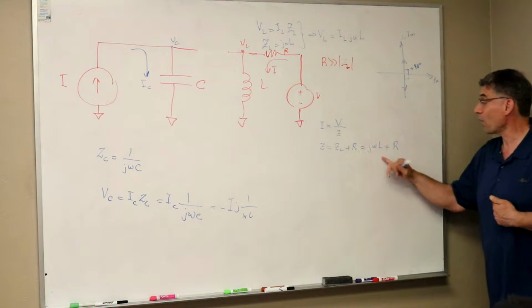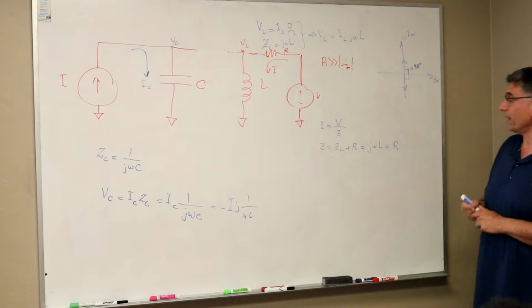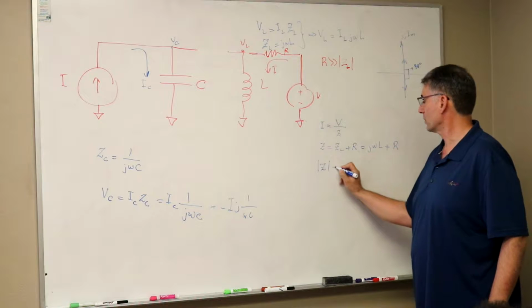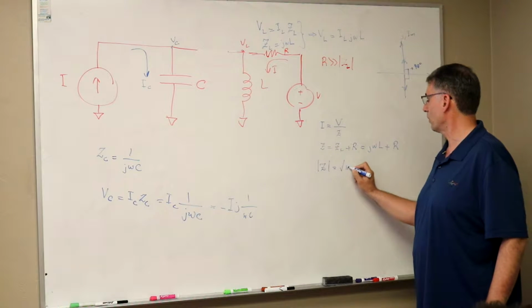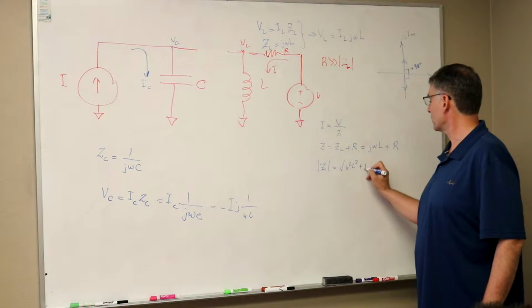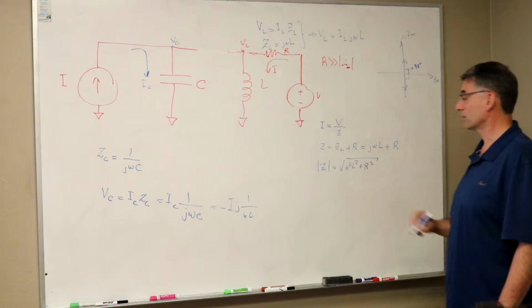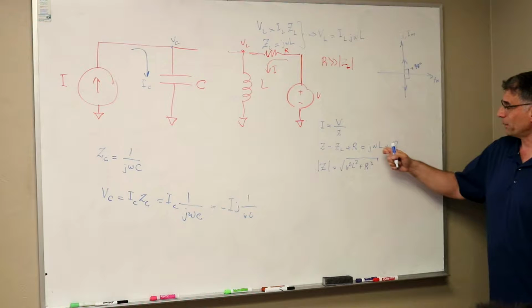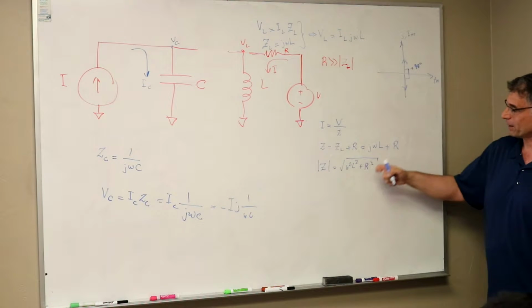Okay, so then again, we're looking at the magnitude, right? That would be the square root of omega squared L squared plus R squared, right? For a complex number, it's the real squared plus the imaginary squared.